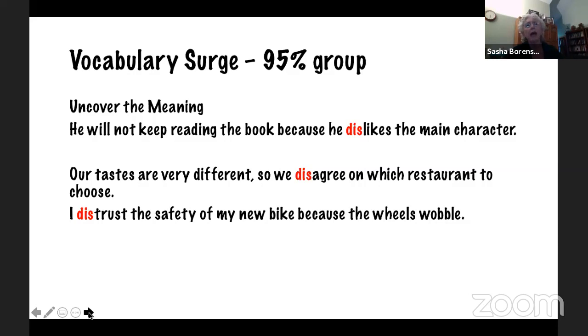So here we have, he will not keep reading the book because he dislikes the main character. Our tastes are very different, so we disagree on which restaurant to choose. I distrust the safety of my new bike because the wheels wobble. Well, now I can say to you, what do you think dis means? And given the context of these three sentences, can anybody figure out what dis means? It's a powerful tool, isn't it?